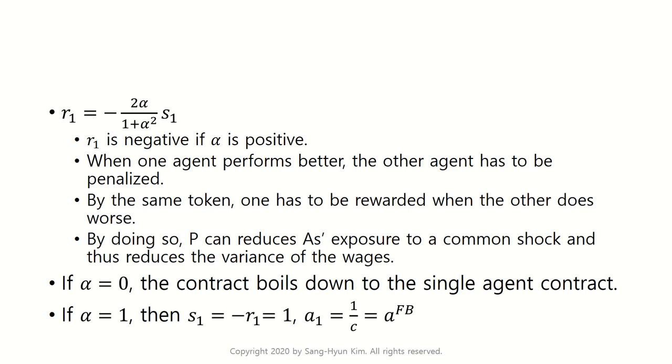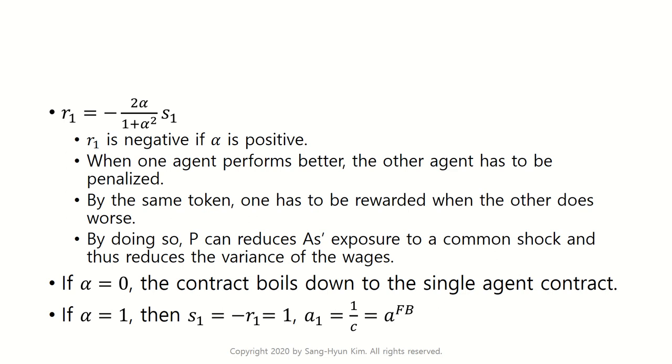So it's like full relative performance evaluation. And in that case, not too surprisingly, A1 is 1 over C, which is the first best effort level. So when alpha is 1, the first best efficiency is achieved. So what about the risk?